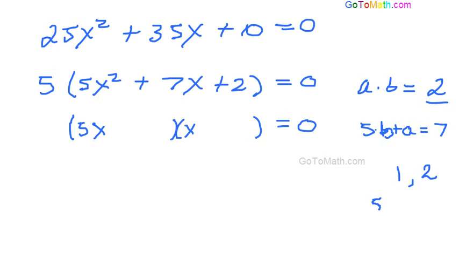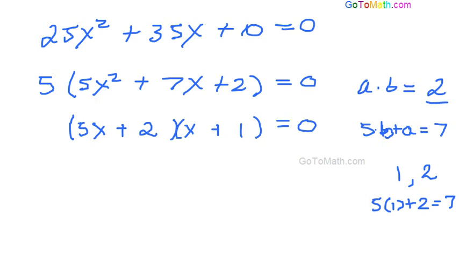Here, we'll write it down right here. 5 times 1 plus 2 is 7. There you go. Okay? So we said this was going to be our a, this would be our b. So b looks like 1, and a is going to be 2.